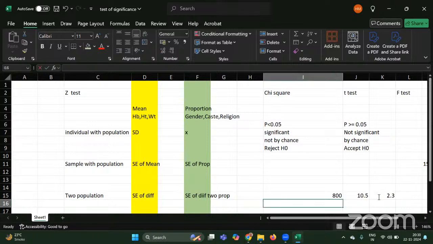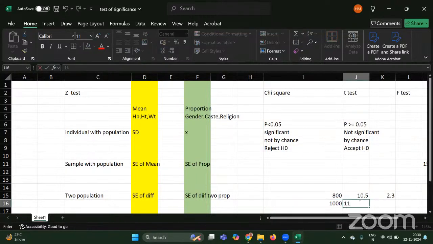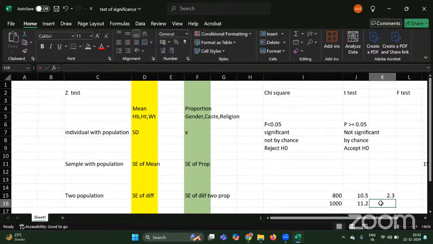And in another group, there are 1,000 people who are on a vegetarian diet; their mean hemoglobin level is 11.2 and the standard deviation is 2.1. Now, is this difference in hemoglobin level, 10.5 versus 11.2, between 800 and 1,000 people significant or not?